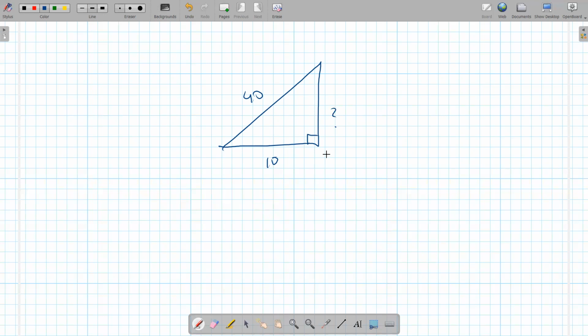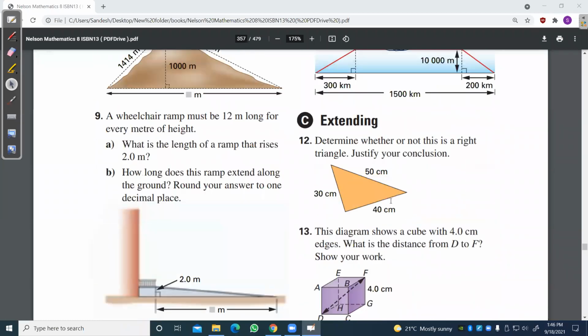Is it 38.7? Yeah, there we go. And once you know how to plug that in the calculator, it becomes pretty simple.